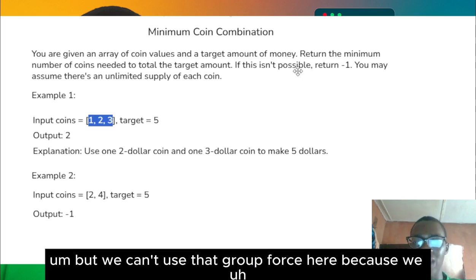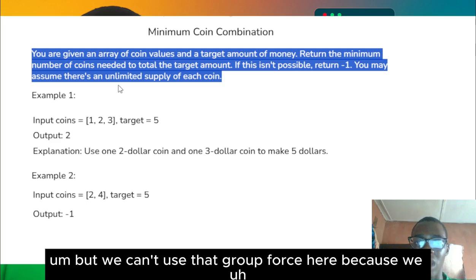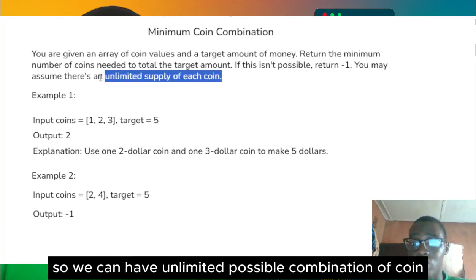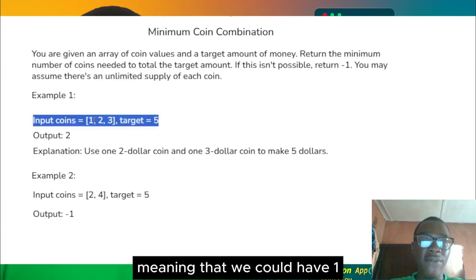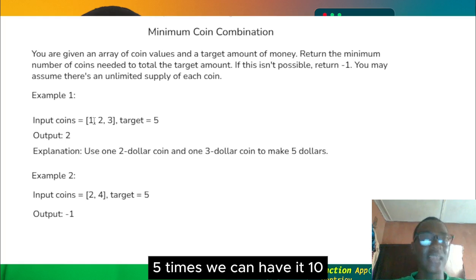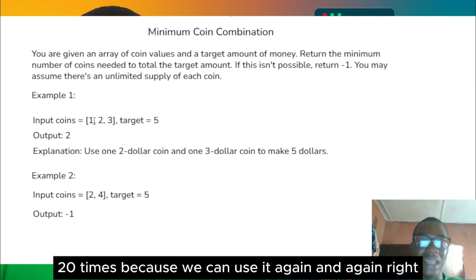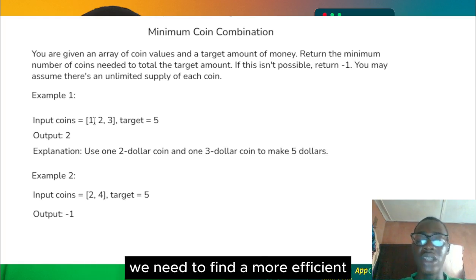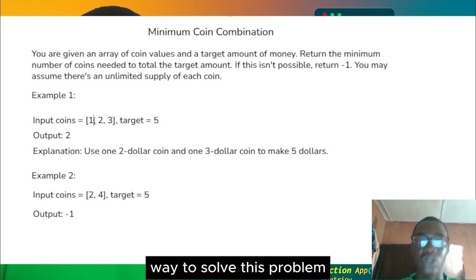But we can't use that brute force here because we can have an unlimited supply of each coin. So we can have unlimited possible combinations of coins, meaning that we could have 1 five times, we can have it 10, 20 times, because we can use it again and again, right? We have unlimited supply. So because of that, we need to find a more efficient way to solve this problem.